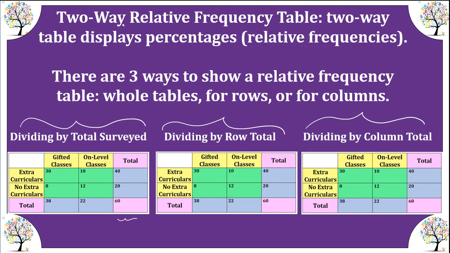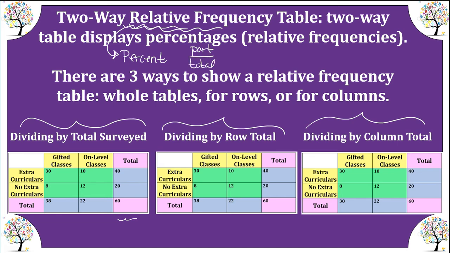Now the term relative frequency just means percent. So if you see the words relative frequency, you just need to think percent. And remember, percent is the part divided by the total.